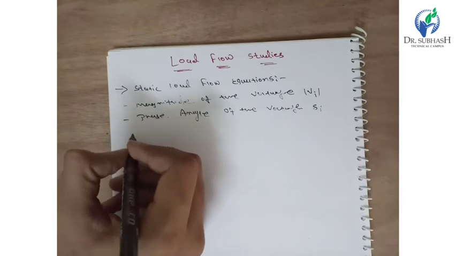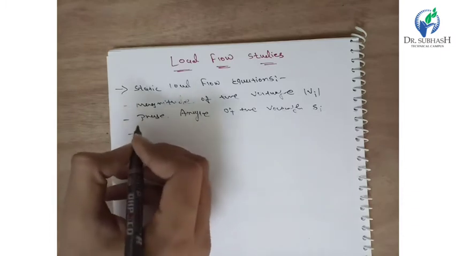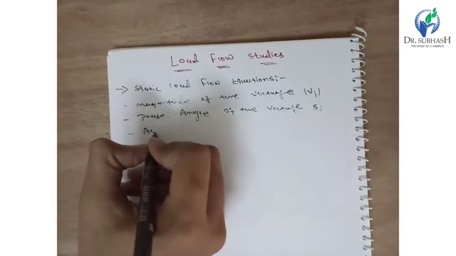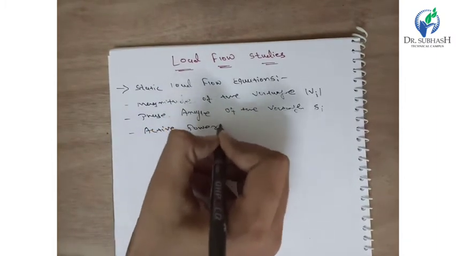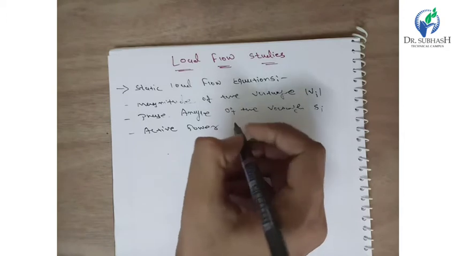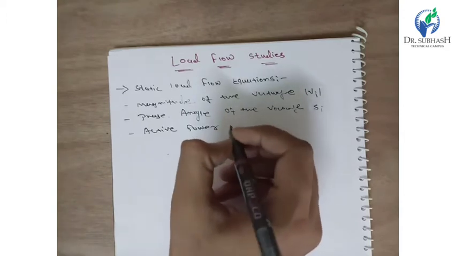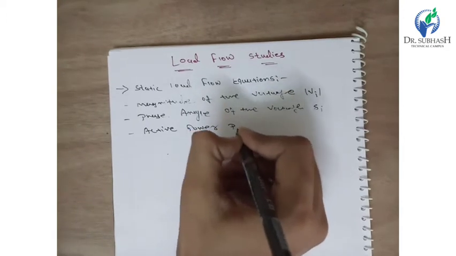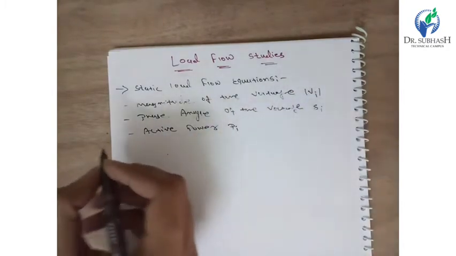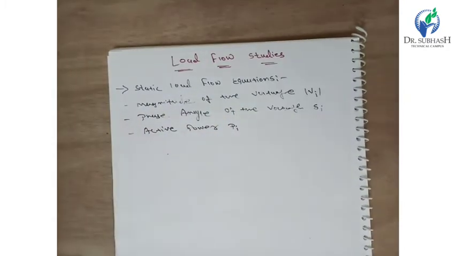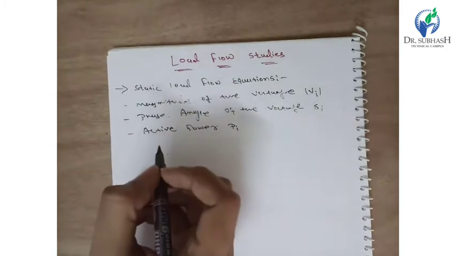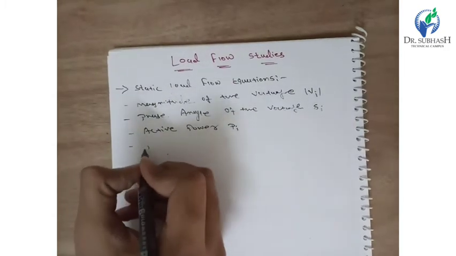Other parameters we should consider are active power, whose symbol is P i, and reactive power, another name for which is volt ampere reactive power.